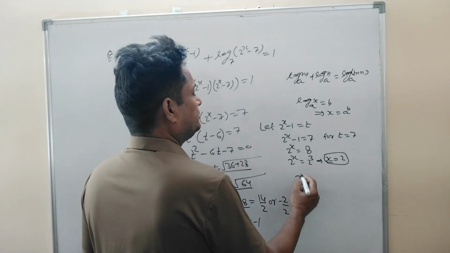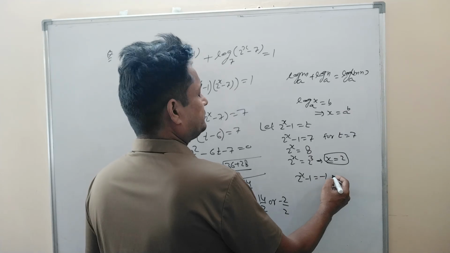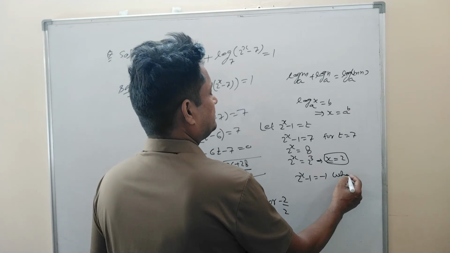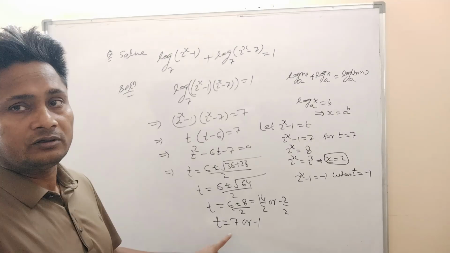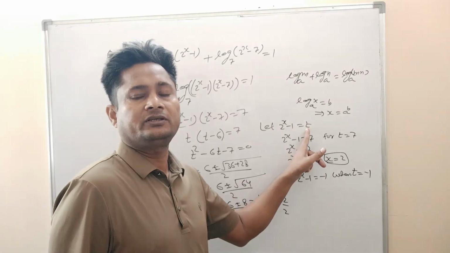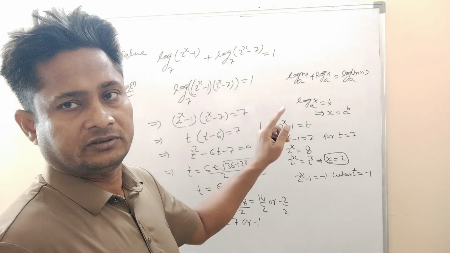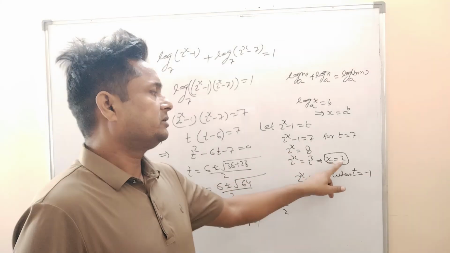Now next one, 2 to the power x minus 1 is equal to minus 1, when t is equal to minus 1. There are two values, t is equal to 7 or minus 1, so you have to substitute both. For t is equal to 7, the solution is coming this one.